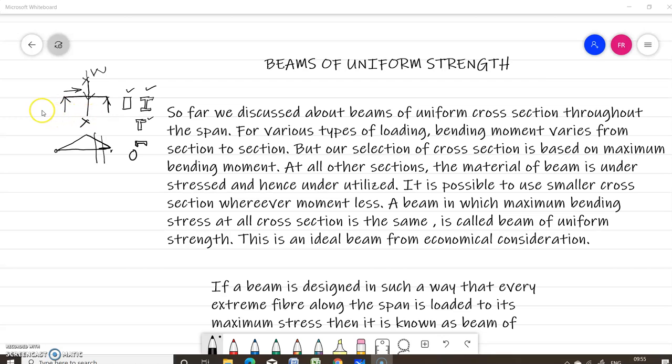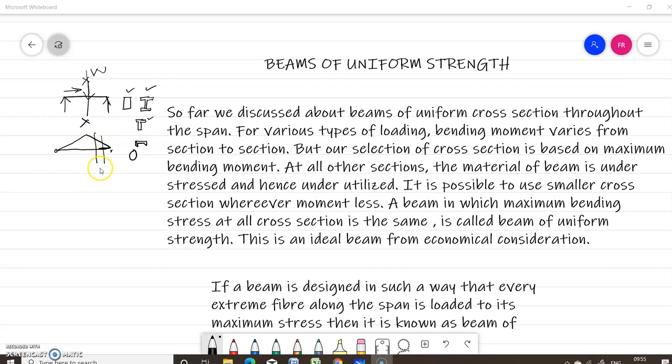So a beam in which the maximum bending stress at all cross sections is the same is called a beam of uniform strength. So bending stress at all the cross sections will be the same. We can ensure this by changing the depth or breadth of the beam.